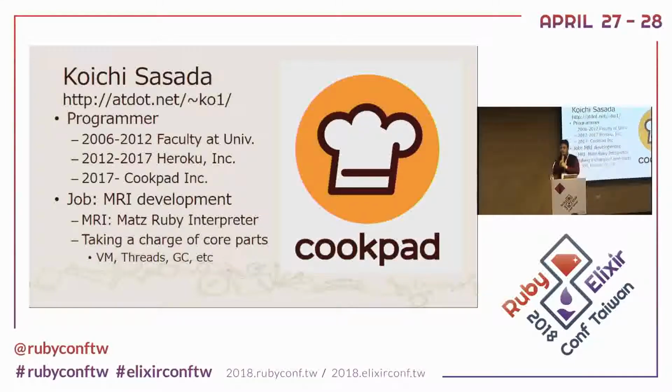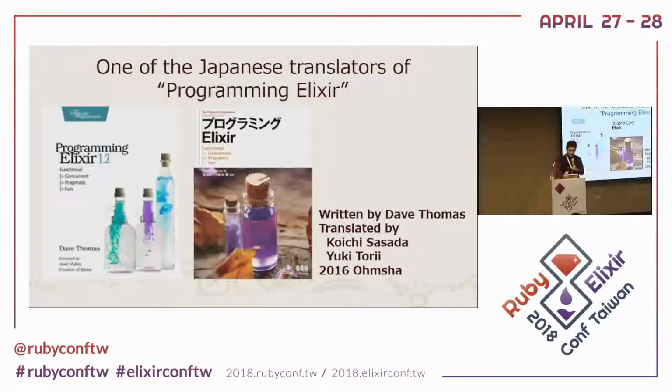My next target is how to execute Ruby programs concurrently or in parallel. I'm also one of the translators of Programming Elixir into Japanese, so maybe I know something about Elixir, and I can import Elixir features to Ruby.